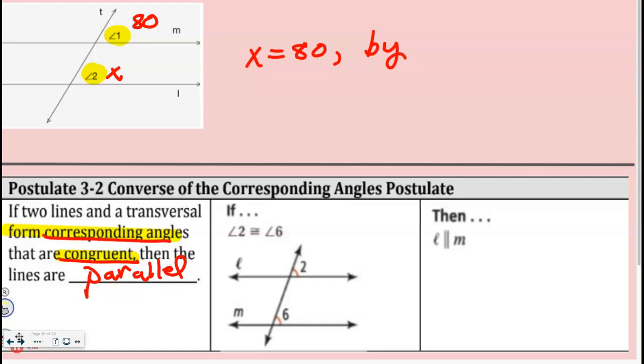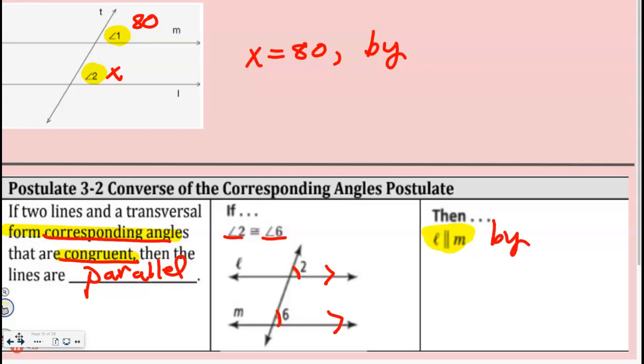So go look over here in this next slot. Angle 1 is congruent to angle 2. They're telling me they're the same, right, Mallory? And furthermore, they're marked as the same. So I'm 100% sure angle 2 is the same as angle 6, okay? You get to now say these are running parallel. I can put the runners on it, or I can just use the symbols. But then we're going to write by.